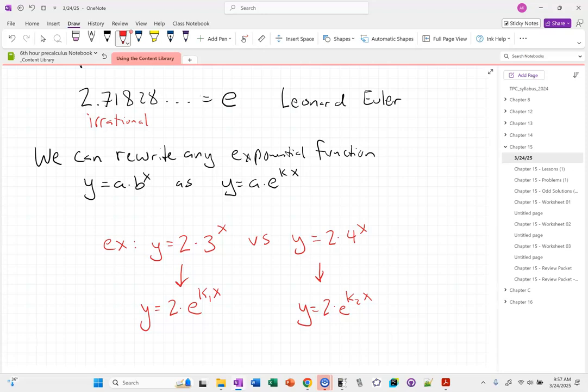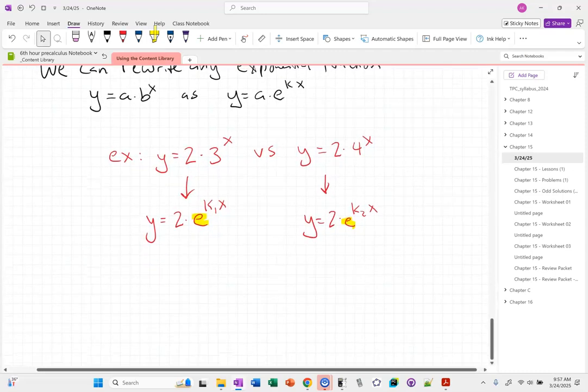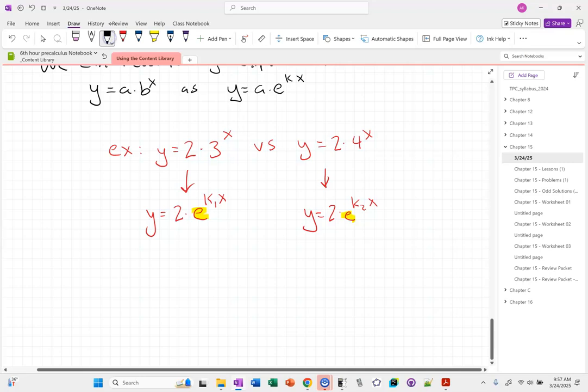I put sub 1 to indicate that those will be different numbers for k between the two. But now that they have the same base, it's much easier to compare which one would be growing faster, slower, and that kind of thing. It allows us a means for comparison between the two functions without having to draw a graph. And we'll circle back to this idea again in future sections.